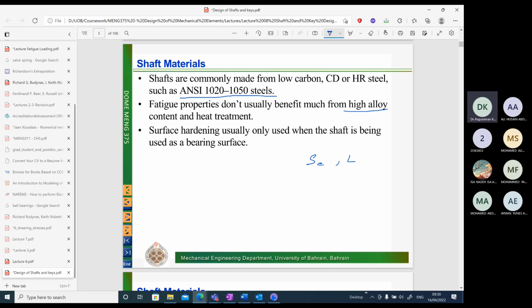Your E value does not change. However, with alloying, maybe the yield strength changes. The only property which can change is the yield strength. So SE value, E value, SUT value, all these values will not change with alloy.